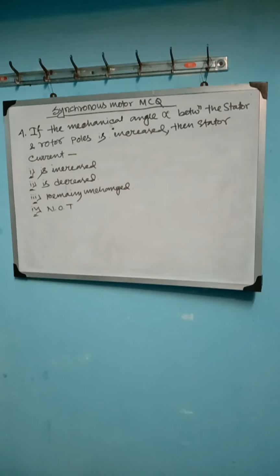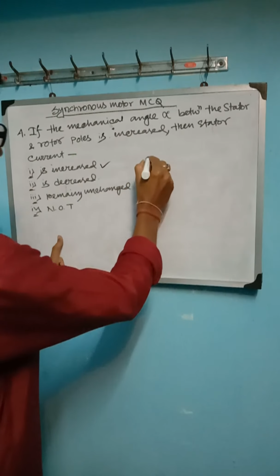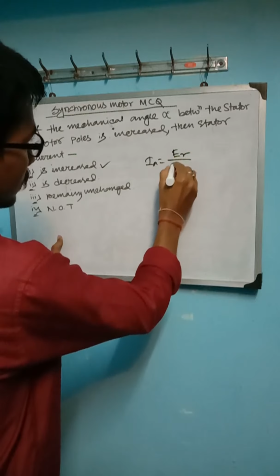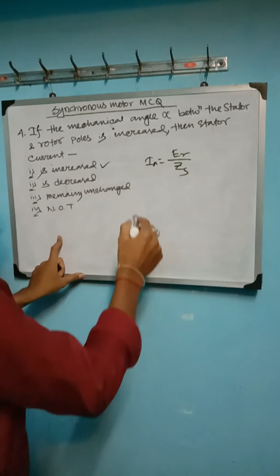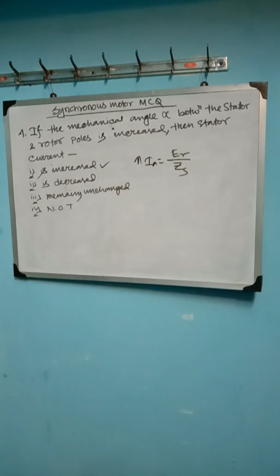So here, to maintain the same speed, that is the constant synchronous speed, the stator current has to increase. We know that IA equals ER divided by ZS. Here IA has to increase, then the synchronous motor will remain at constant speed.